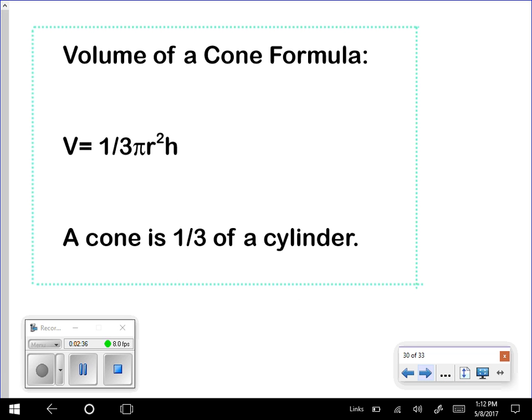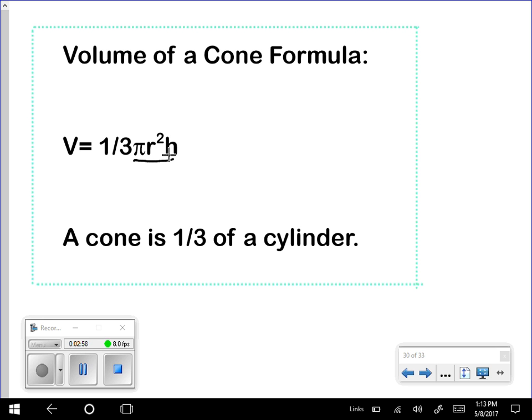Hopefully you're following along and you kind of get the idea of what I'm trying to show you. So here is the volume of a cone formula that you will be using. As you can see, it says 1/3 pi r squared h. So it's 1/3 of the volume of a cylinder. And as it says, a cone is 1/3 of a cylinder. So this is important to have down in your notes.